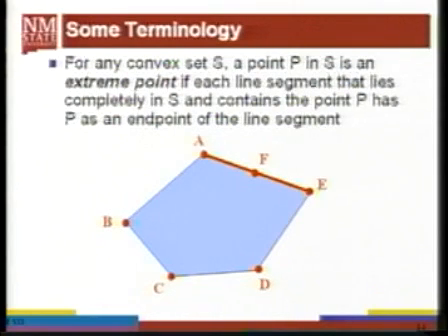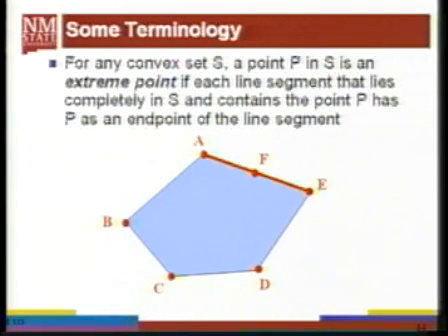Okay, in this figure, points A, B, C, D, and E are extreme points of S. Although point F is on the boundary of S in this figure, F is not an extreme point of S. This is because F lies on the line segment AE, right?